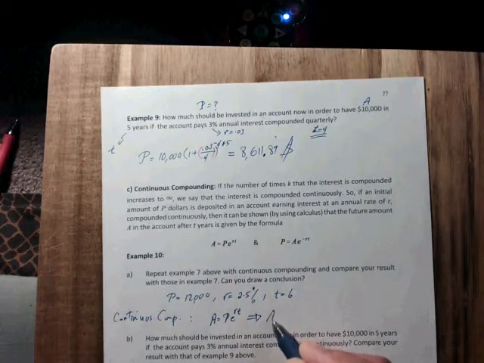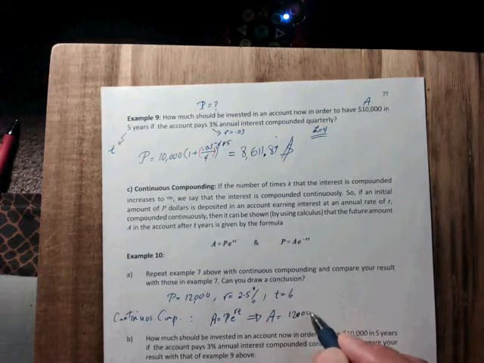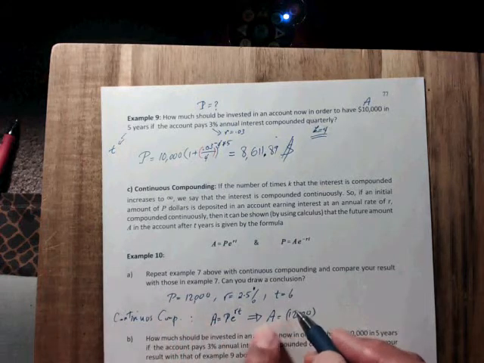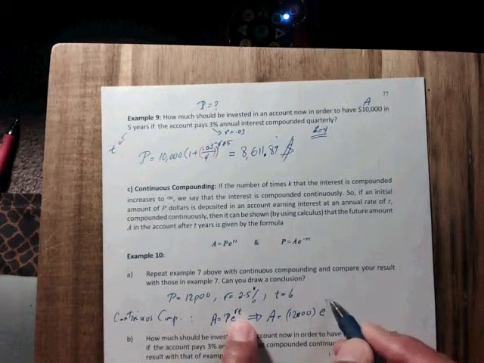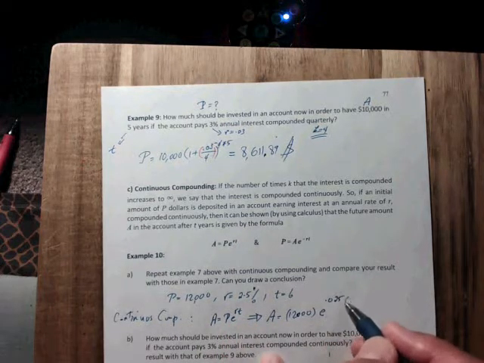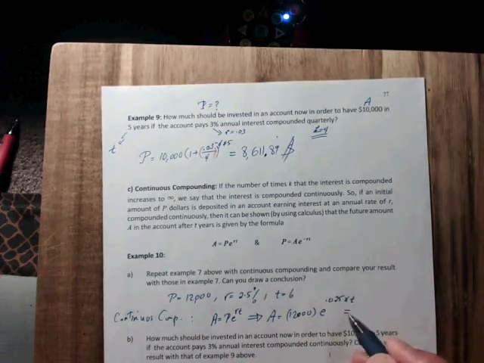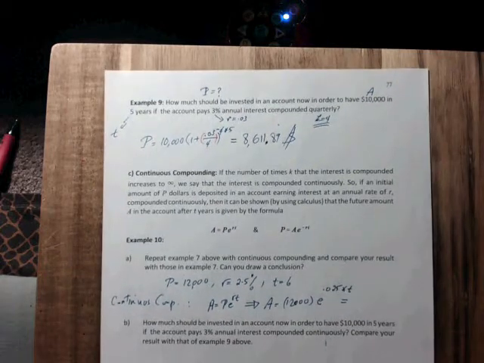So A is equal to 12,000 for P, and then e to the power 0.025, multiply that by T, which is 6. So you put all of this in your calculator to see how much that is. That's the biggest thing you can get. This is ultimate. You cannot be any better than this.